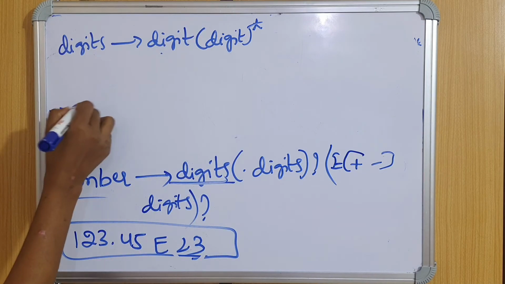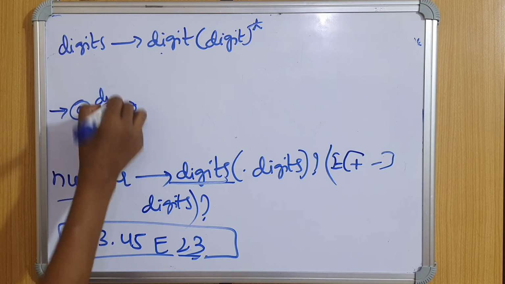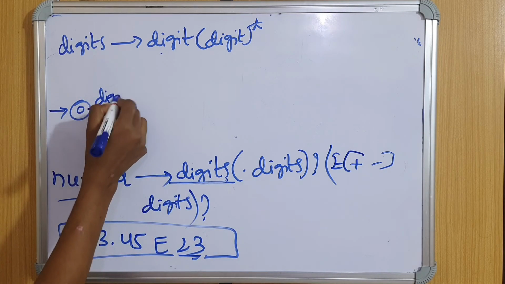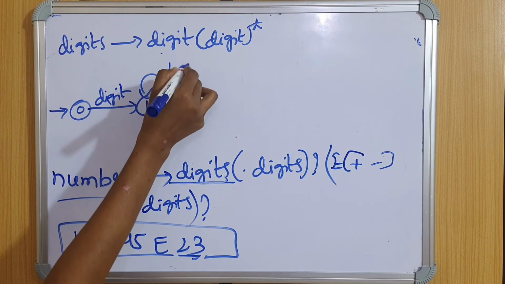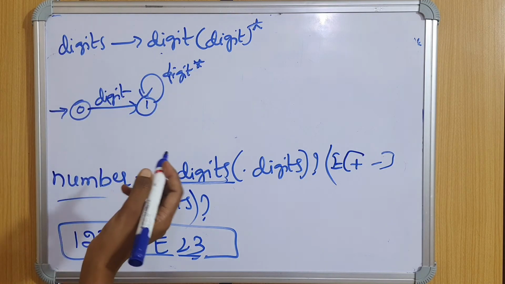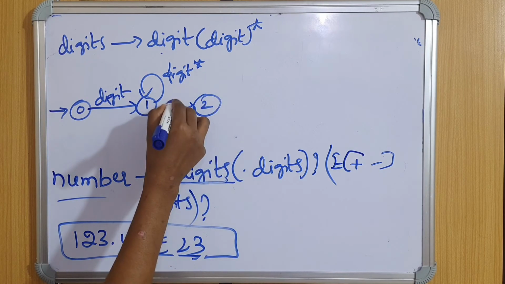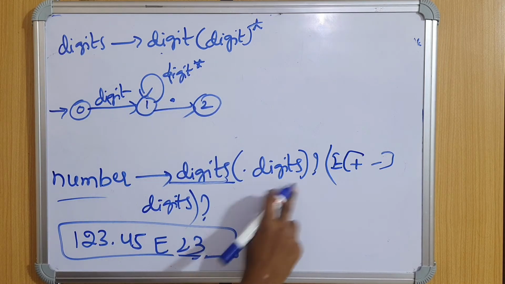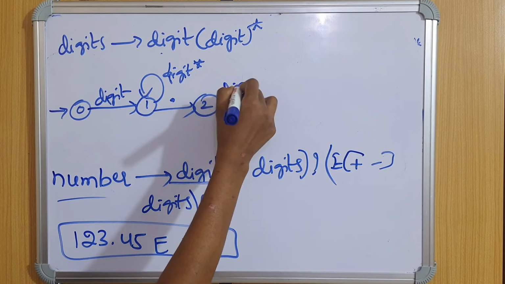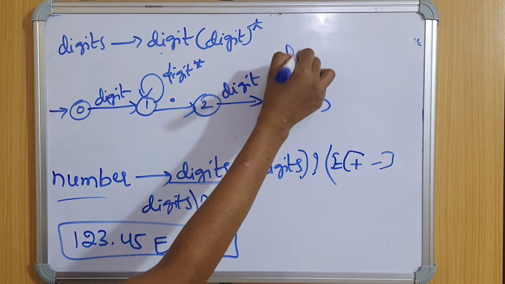Now the transition diagram: 0 is the initial state. In the place of digits, digit star. Next state. Again dot. Next again digits, so digit, third state, again digit star.